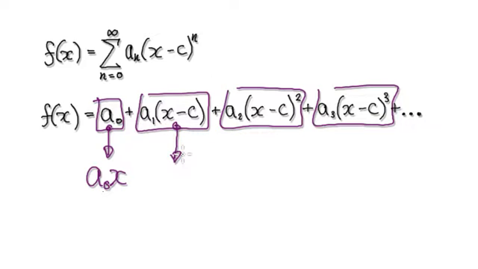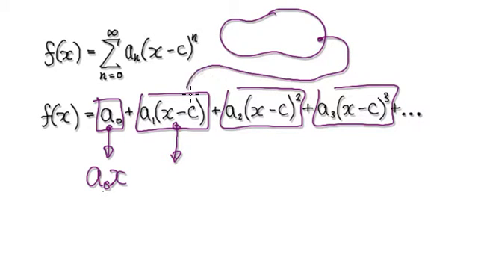Integrating this means you're searching for something such that when you differentiate it, it will give you this. So make your initial guess (x minus c) squared, and then stick your a1 here.